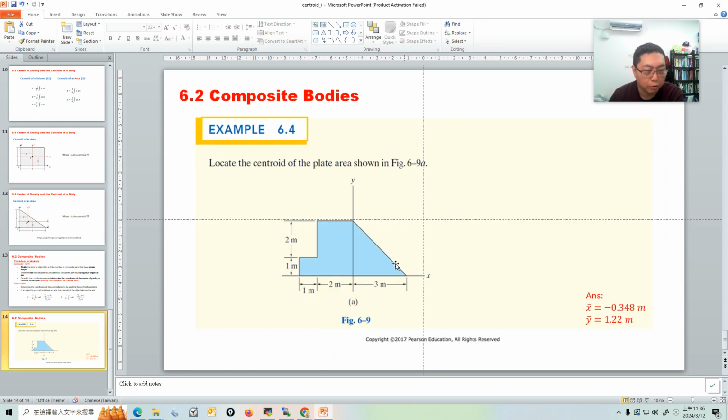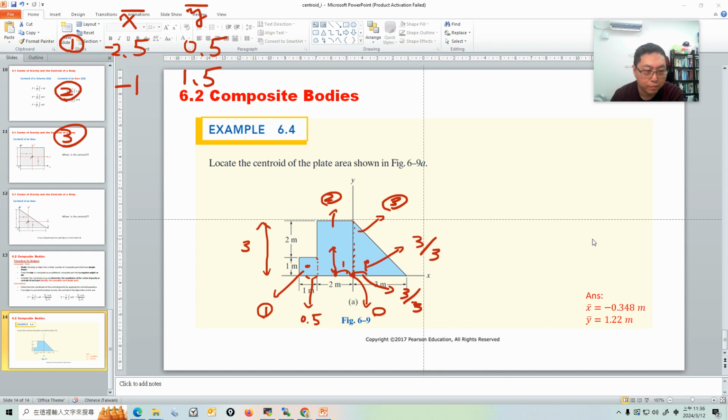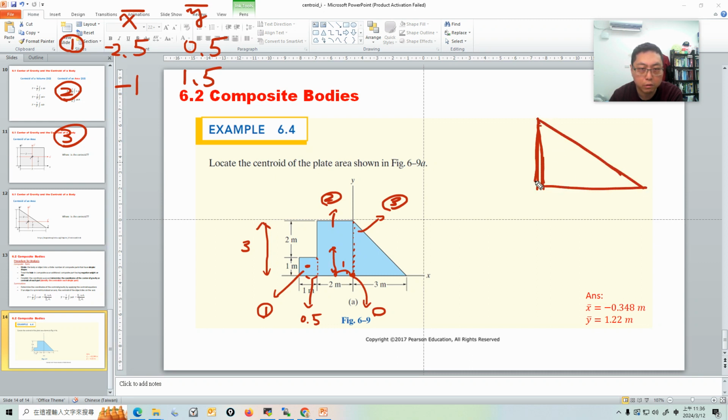When you go back to this shape, maybe I draw a new one, since it's not really clear. Let's focus on the right triangle here. This is right triangle 3, though maybe it's not in scale.